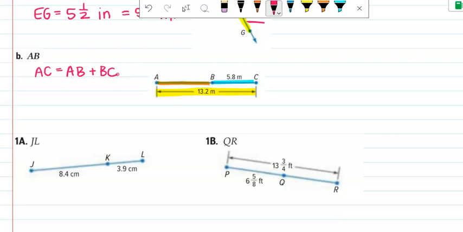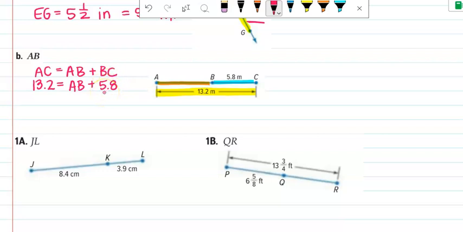So we know A to C, that's the yellow piece, is 13.2. A to B, we don't know, so we're going to leave AB in there as if it was an unknown variable. And BC is 5.8. So setup is similar, but how we're going to solve this is a little different because AB has this 5.8 attached to it.